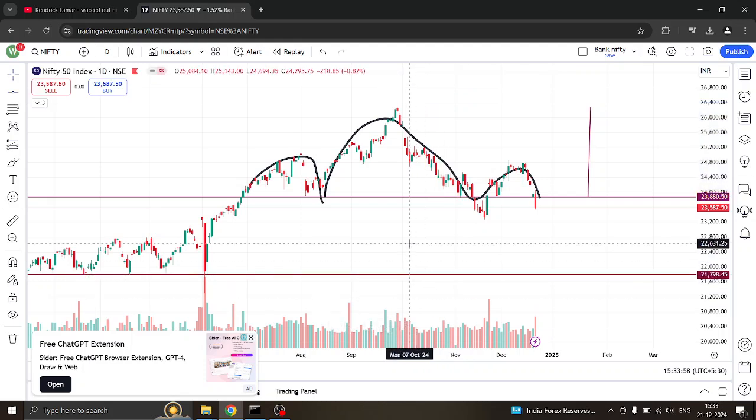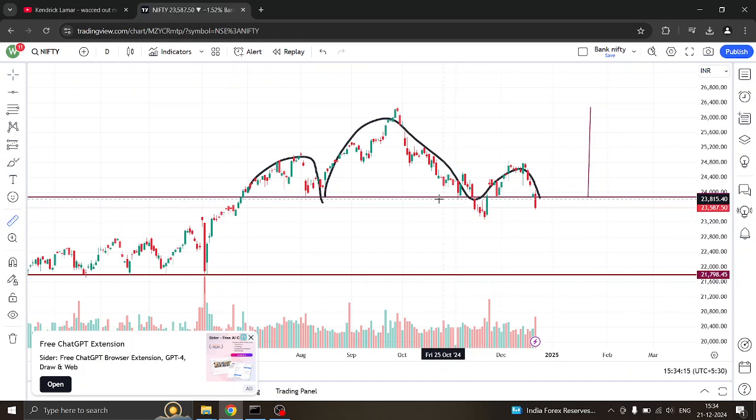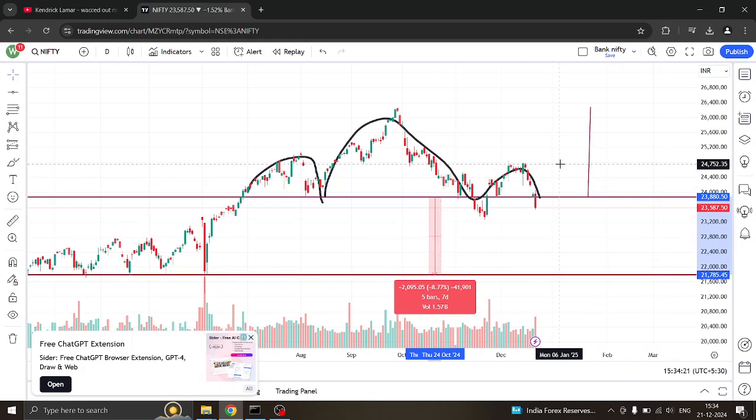It's up to you if you want to draw a trend line at the wick or the closing price. Now let's calculate the difference between the neckline and the support line. The support line is at 21,798.45. Okay, let's see. It is around 2095 and this was around 2466.